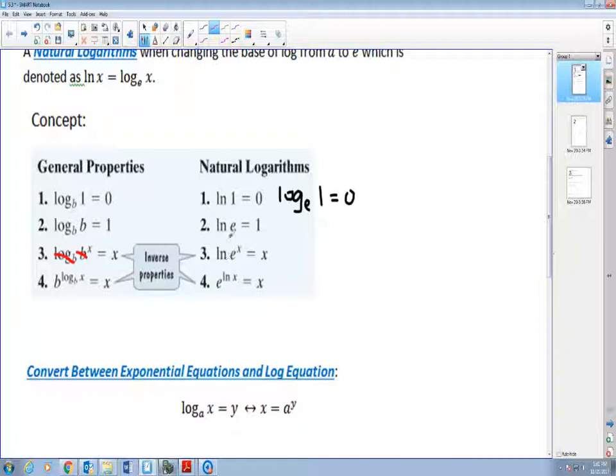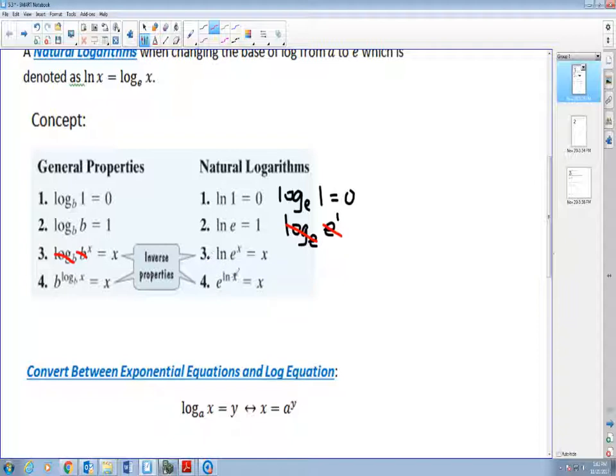Natural log of e is equal to 1. That makes sense because natural log is the log with the base e of itself. They cancel each other out. So what's the exponent here? The exponent is actually a 1. If they cancel each other out, the only thing left is just a 1.